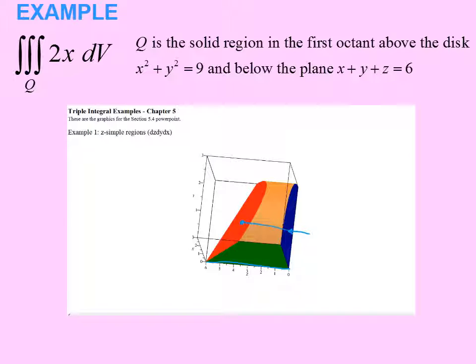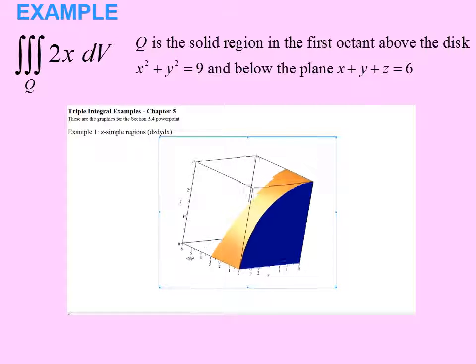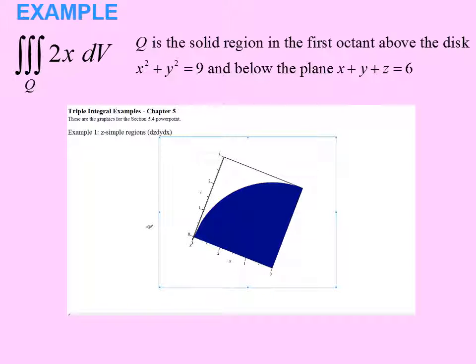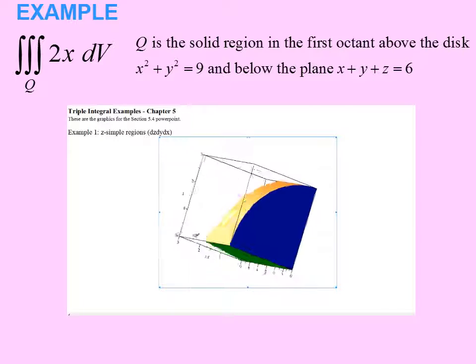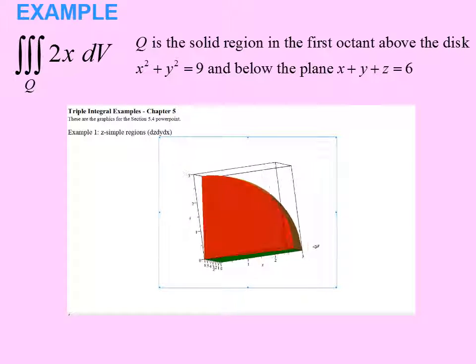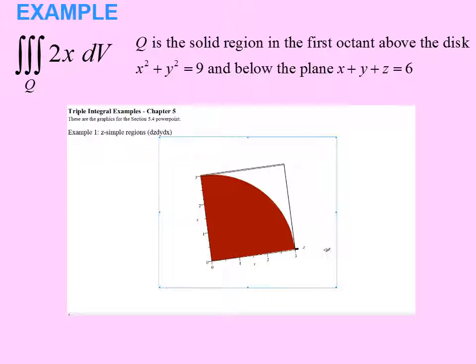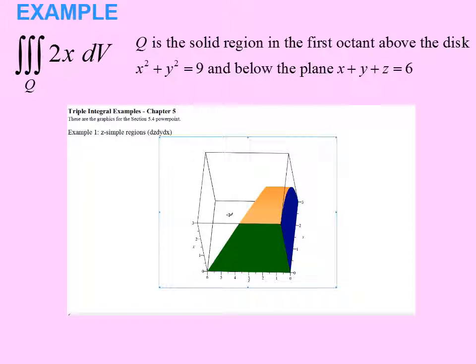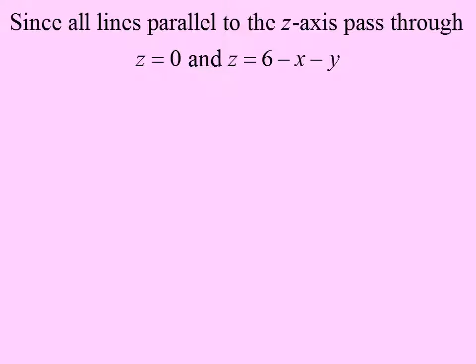And that would happen anywhere for that figure. Looking at it straight down the z-axis, from this direction all you see is blue. From this direction all you see is red. So again, parallel to the z-axis, you're always going from blue to red. So one surface to the other makes it z-simple.